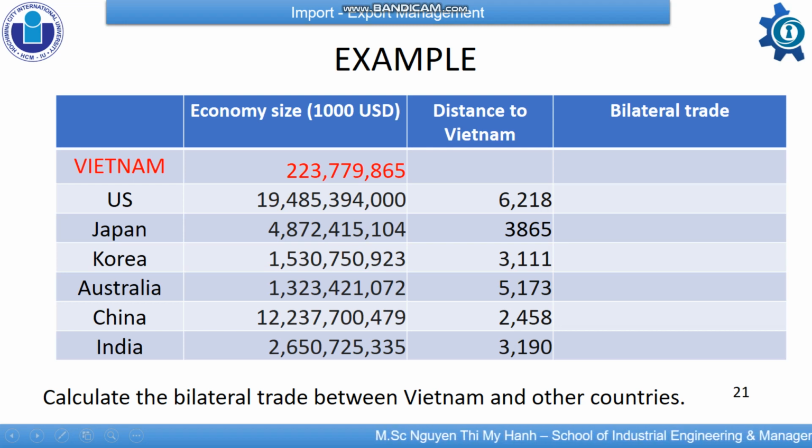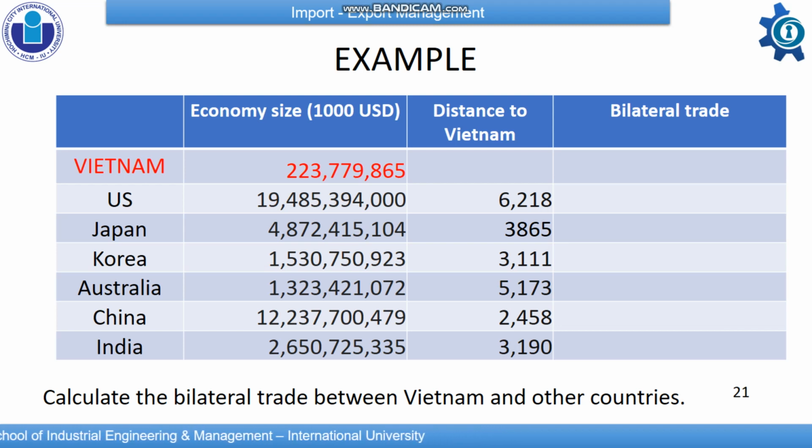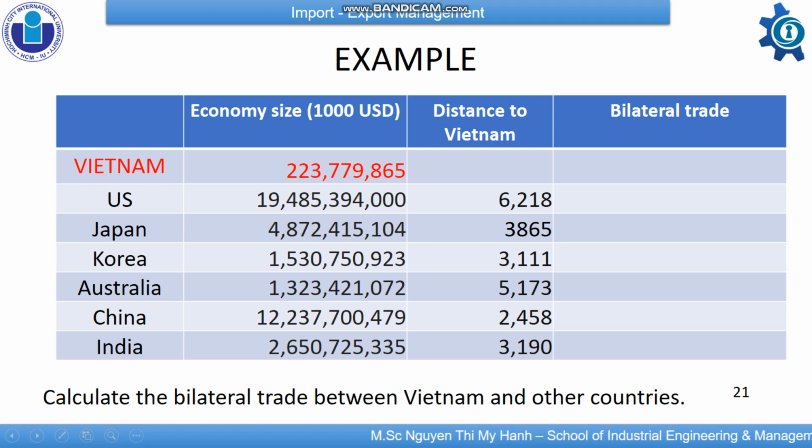We will have, let's say A is equal to 1. We can calculate the trade volume between Vietnam and the US as the economic size of the US times the economic size of Vietnam, then divided by the distance between the US and Vietnam.